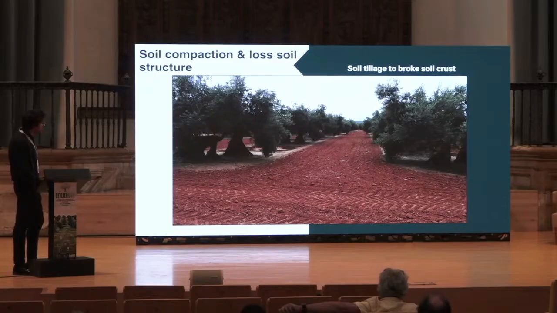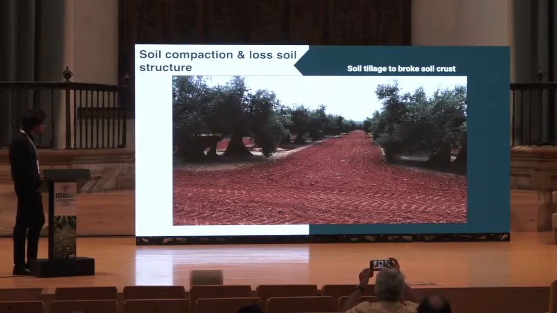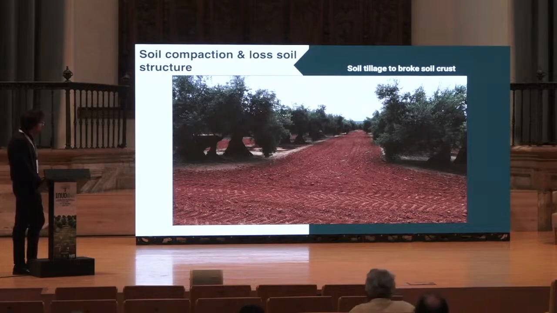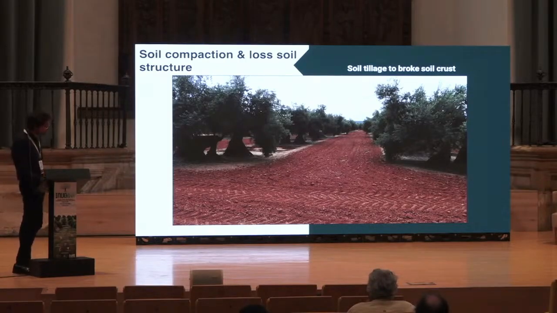When the orchard is strongly crusty, the farmer knows that he must till even more than one, two, or three times every year, with the aim to break the soil crust.